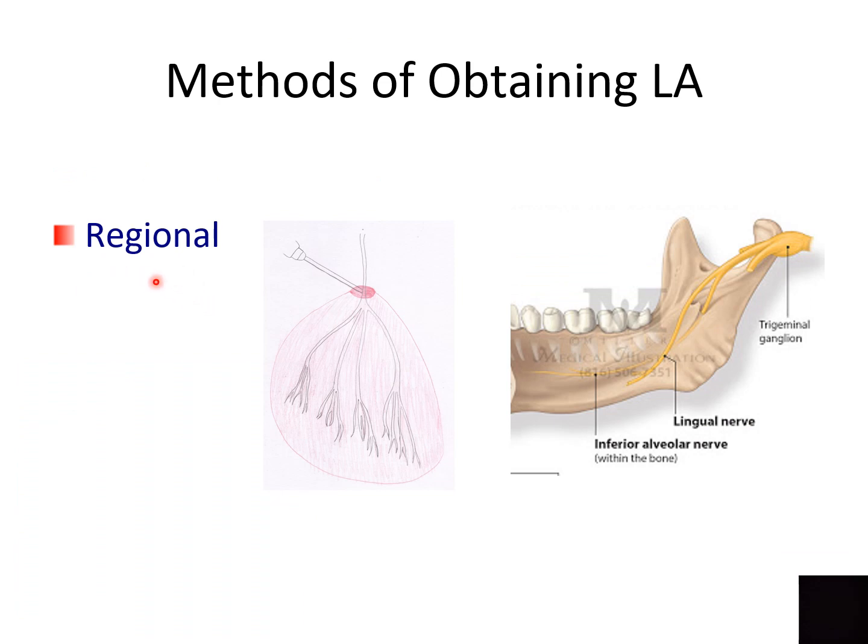Regional anesthesia or a nerve block is the third method for obtaining local anesthesia and basically involves anesthetizing the main trunk of a nerve, and as a result, all branches of that nerve are anesthetized.